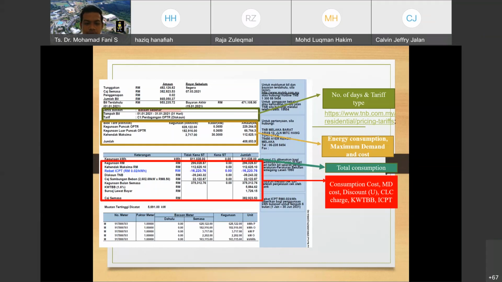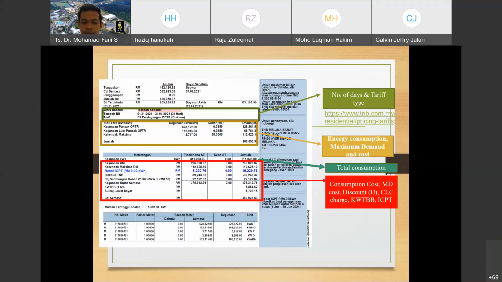We declared our new maximum demand, which started in 2017, because the substation was upgraded from 11 kV to 33 kV during the construction of the new student hostel, Satria Hostel.